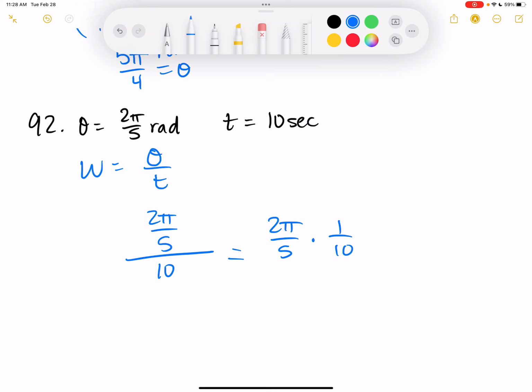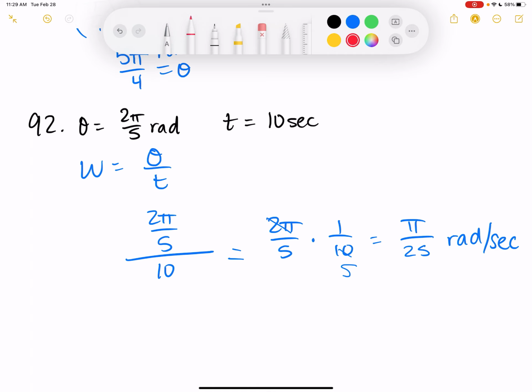And then you just multiply that. So you'd get pi over 25, and then radians per second are the units on that. So just pay attention to your units with those problems. But that's basically the gist of this section. So any questions? Are we good?